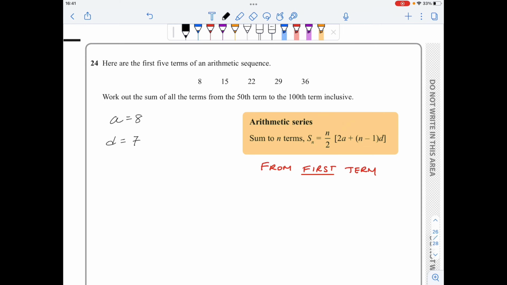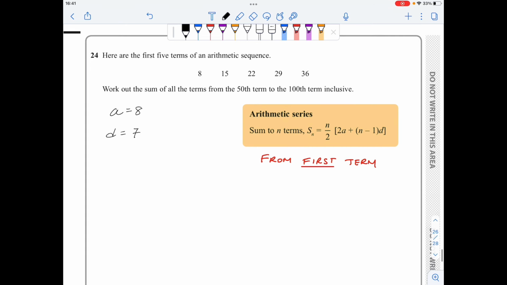So if I want the sum of terms from the 50th all the way to the 100th, I will use the formula from the first to the 100th, and then I will subtract the sum from the first up to the 49th, and the reason I'm stopping at 49 is because I need the 50th, so I should not subtract the 50th term.